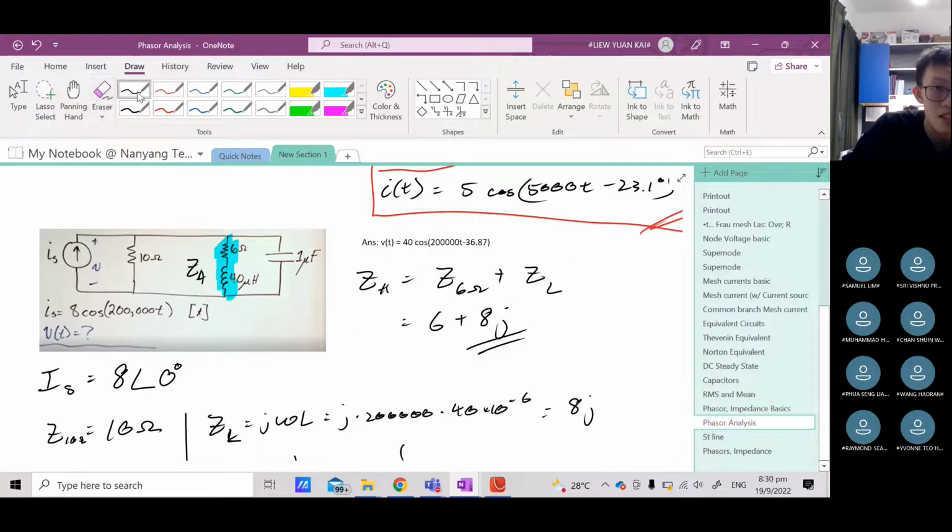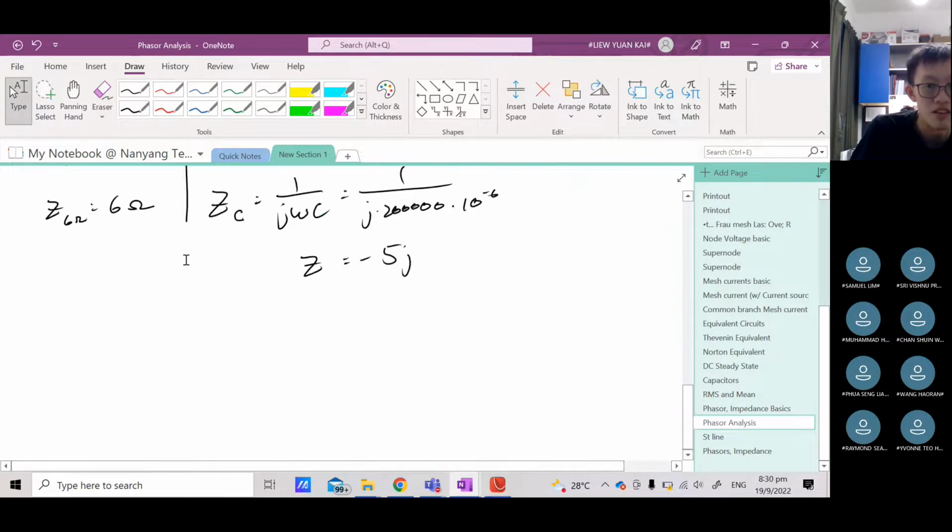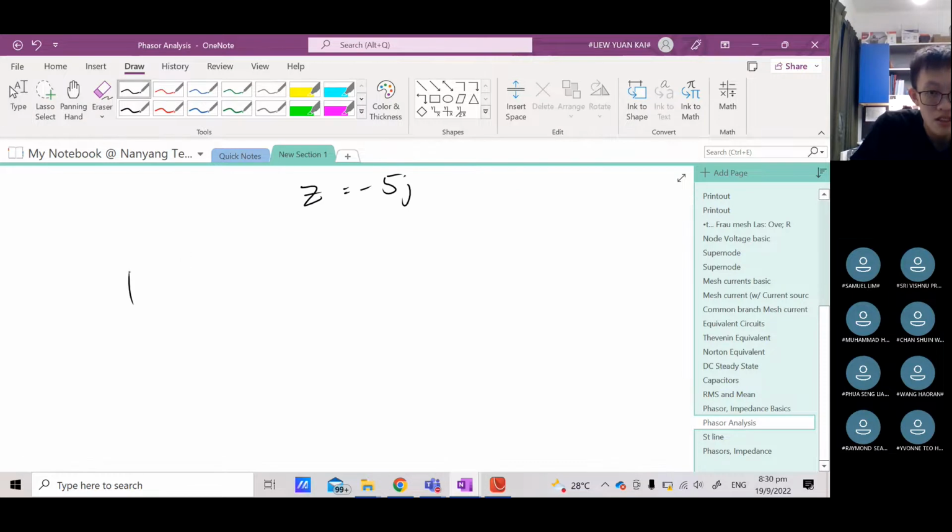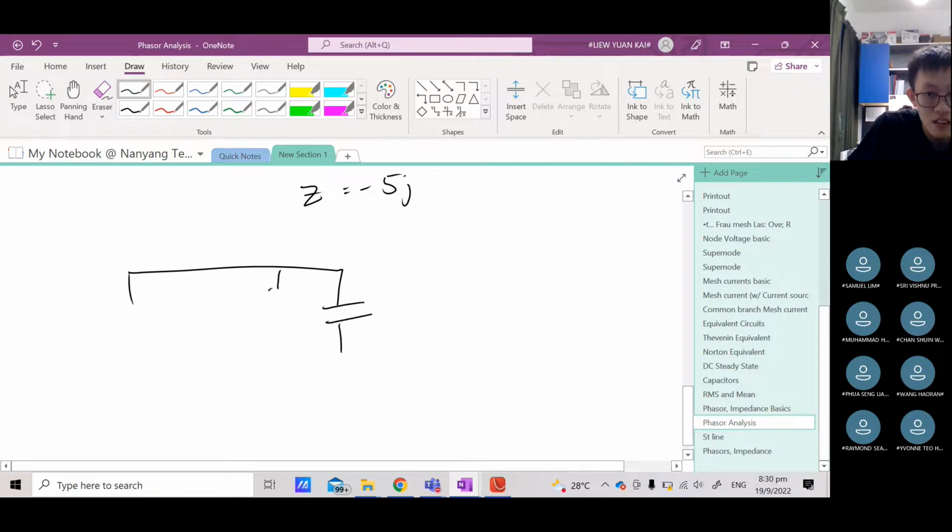Now, let's look at the third branch. The third branch is just the capacitor itself, so it's already simple enough. Let me redraw this arrangement. Here you have the capacitor. Then we have this new ZA.